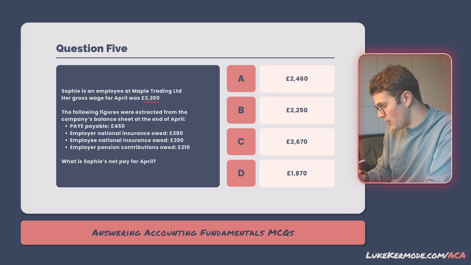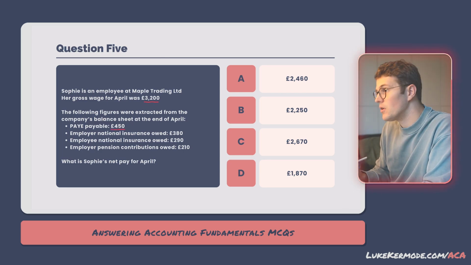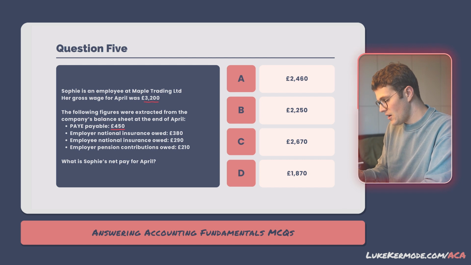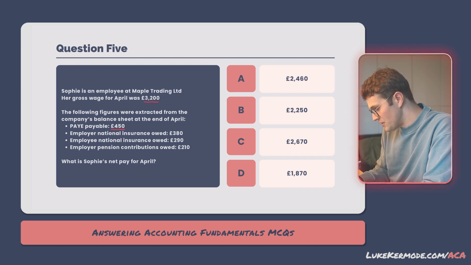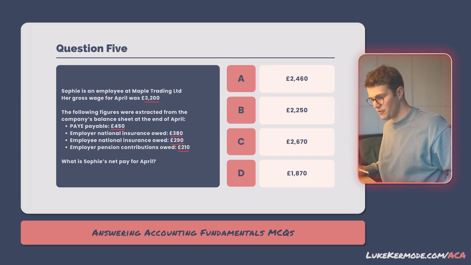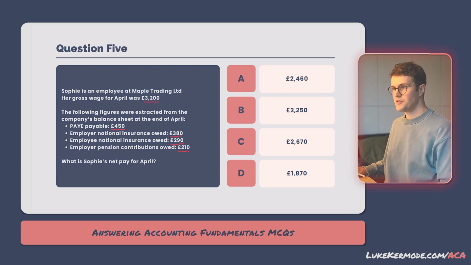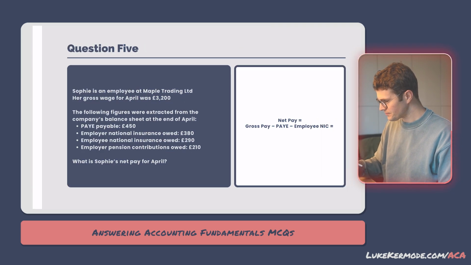We're told that her PAYE was £450. Her employer national insurance was £380. Her employee national insurance was £290. And her employer's pension contributions were £210. So the question for us is, what is Sophie's net pay for the month of April?